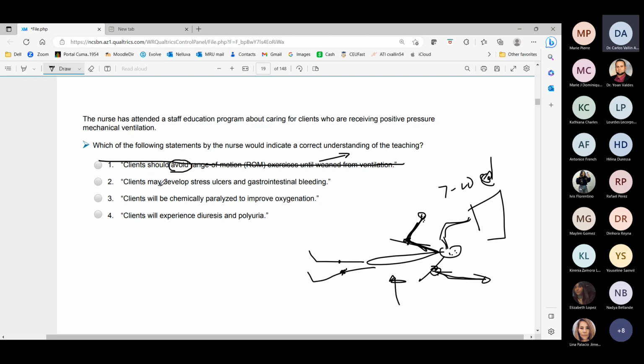Client may develop stress ulcers and GI bleeding. Yes, it is important. It is true. In the ICU scenario, critically ill, intubated, etc., there is development in the stomach of multiple ulcers, holes in the mucosa that can produce a lot of bleeding.